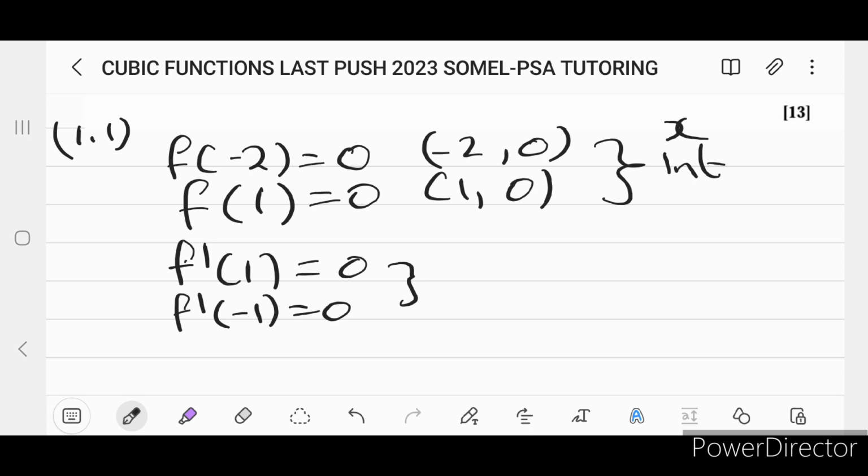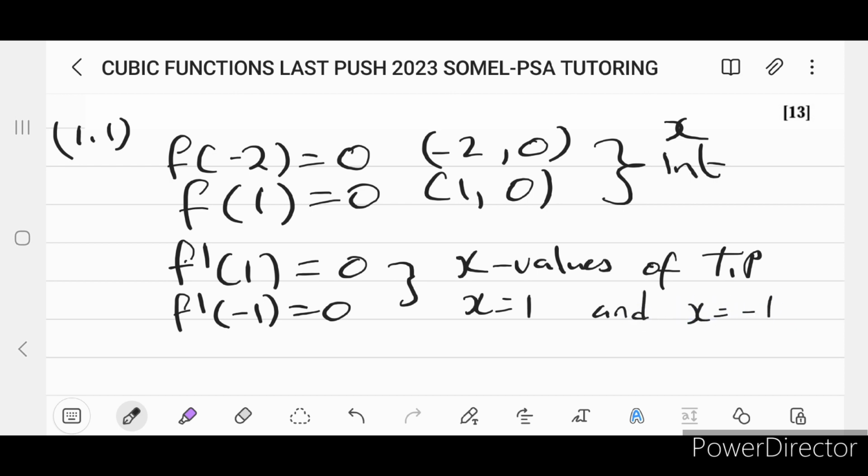So the x values of turning points or stationary points are given as x equals 1 and x equals -1.